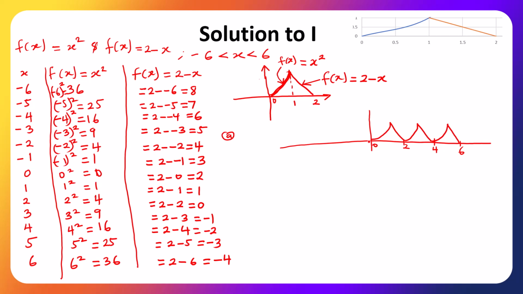So to the left also, we have something that looks like this. It should be noted that this figure is not drawn to scale. And finally, we have this. So this is -6, this is -4, and this is -2.